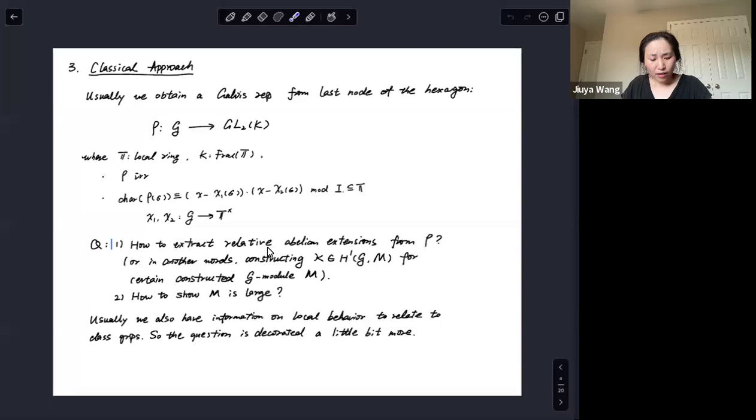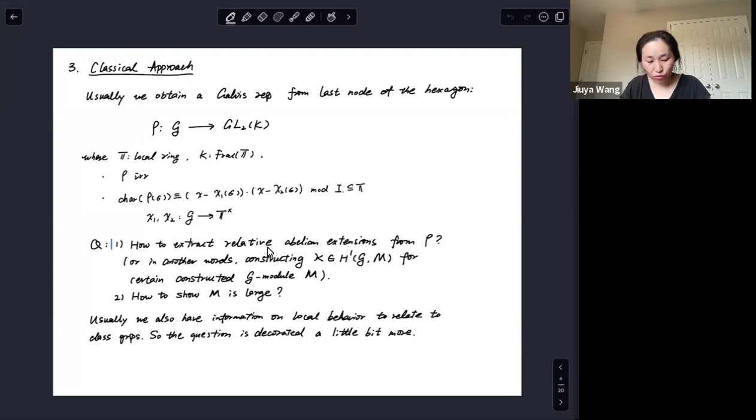And moreover, once you have the Galois module, how do you show that the module is large enough? Usually these Galois representations we obtain also come with more information on the behavior when you restrict rho to the decomposition group or inertia group.